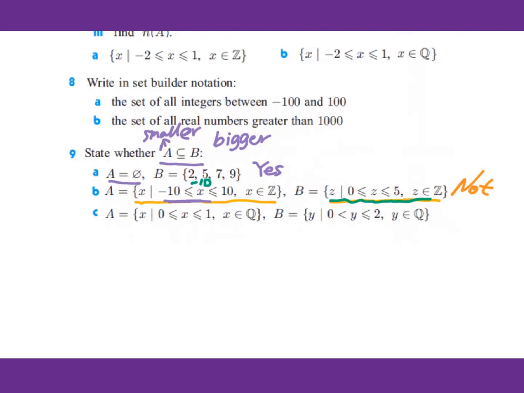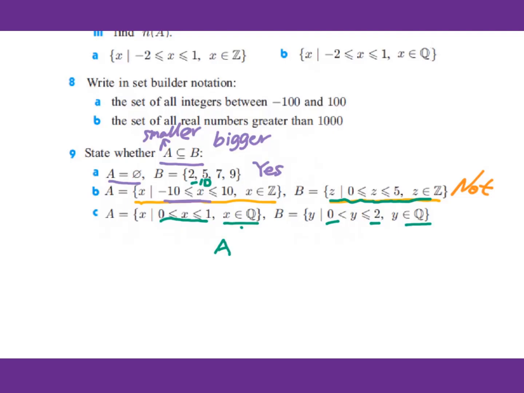Check set A. X is greater than or equal to 0 and less than or equal to 1. This x is a rational number. For B, y greater than 0, less than or equal to 2. Y is a rational number.